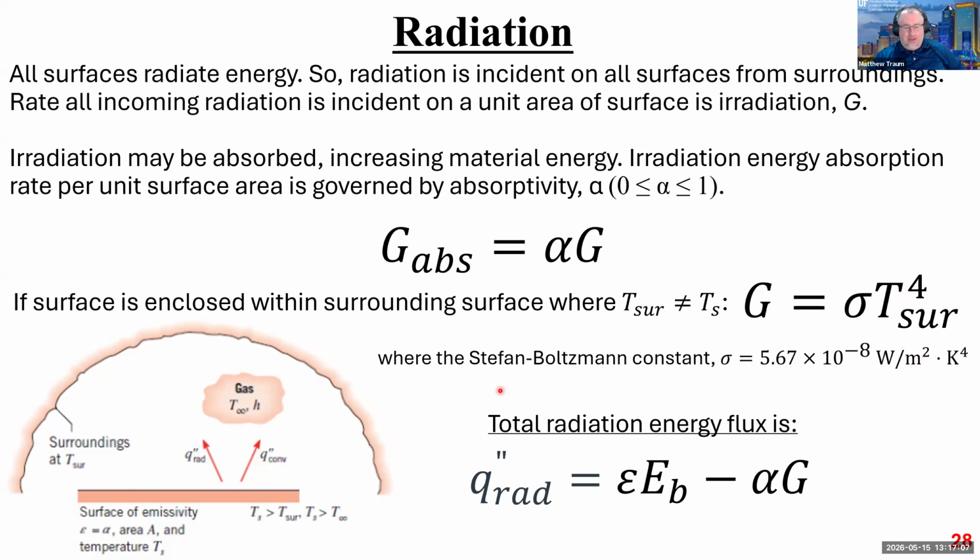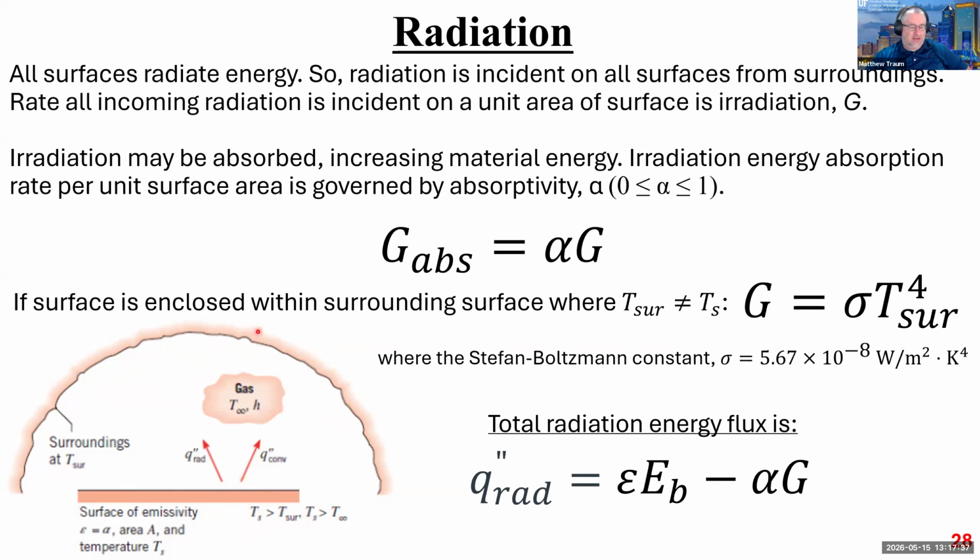So if you put all these pieces together, I'm now imagining I have a surface, and the surface is both emitting radiation energy and also absorbing radiation energy from a surrounding environment. The object itself has a higher temperature than the surroundings, and by the way, a higher temperature than any air that might be in here.